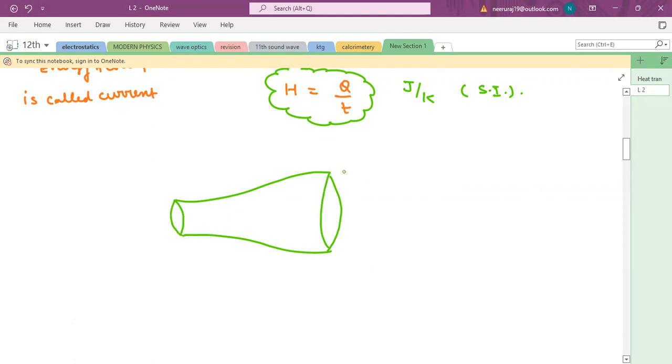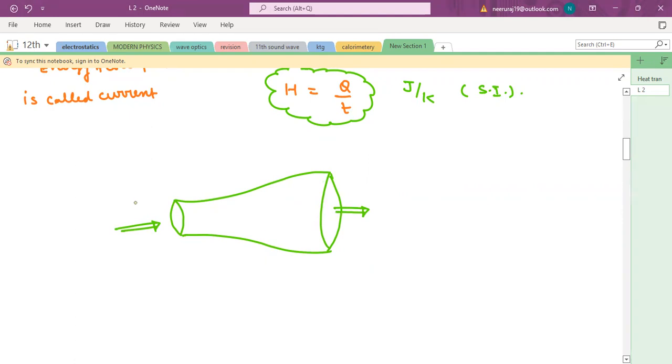Why is there no accumulation of energy? Because if energy accumulates, the temperature starts rising. So whatever the inflow of energy per second, that should be the outflow of energy per second. Else, if inflow and outflow are not equal, that means energy is going somewhere in the material, and the temperature will rise. But in steady state, there is no rise in the temperature.